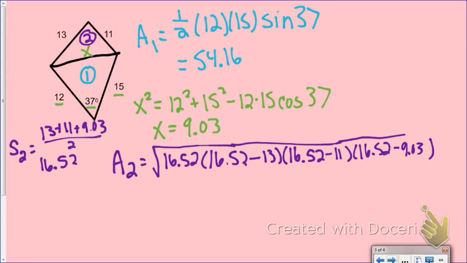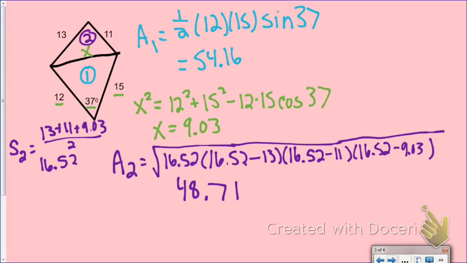Again, the hardest part at this point is just making sure I type this all into the calculator right. If I type that all in correctly, I should get an area for my second triangle of 48.71.